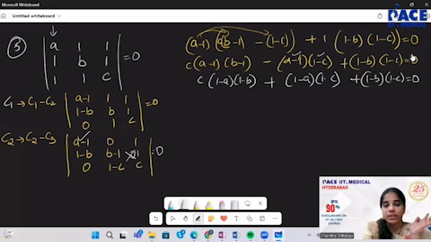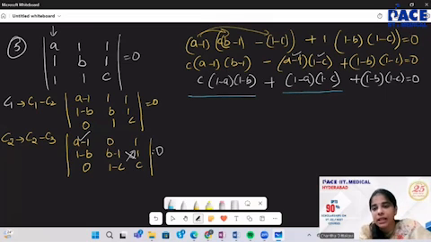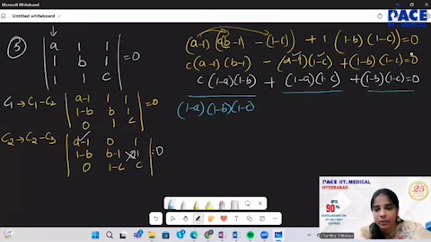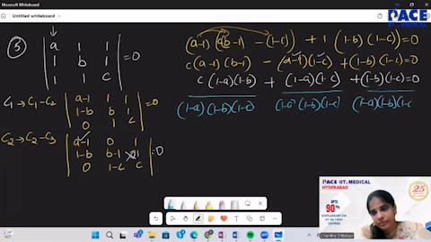Right. Now, which one do I have to divide the whole with? When I divide the whole with (1 minus A)(1 minus B)(1 minus C), this is my 1 minus A, 1 minus B, and 1 minus C that I am dividing the whole with. Here also 1 minus A, 1 minus B, and 1 minus C. Obviously, there it is becoming a 0, right?